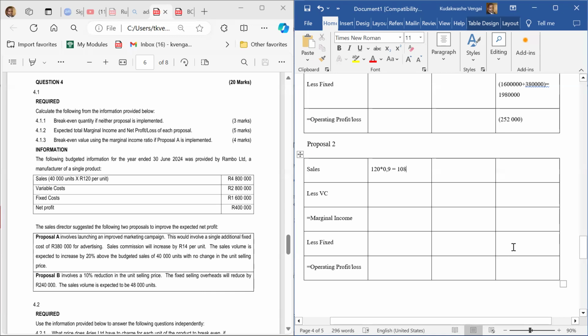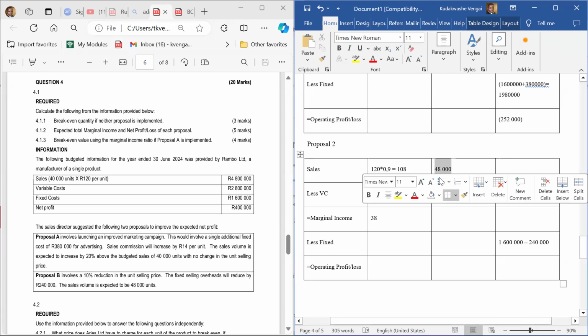So our overheads, they were 1.6 before, and we reduced them by 240. And then the sales is expected to increase by 48,000. So we now have 48,000 in terms of our sales. Everything else remains the same. So here we still have got our 70, and therefore it's 108 minus 70, which gives us 38 here.